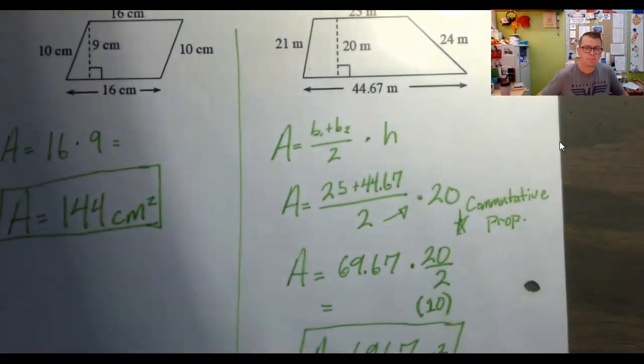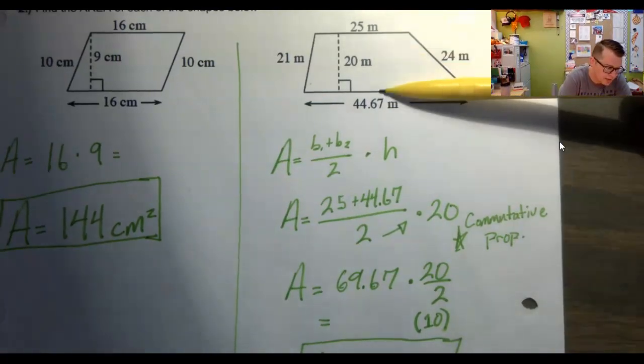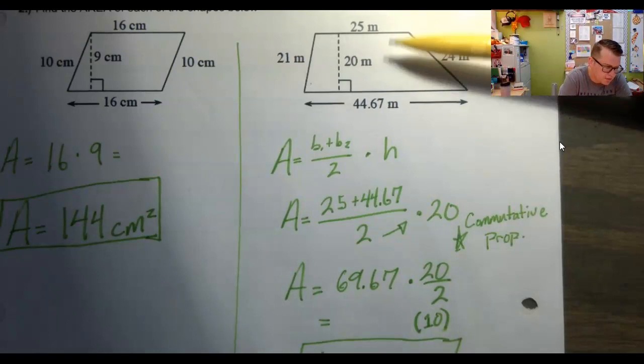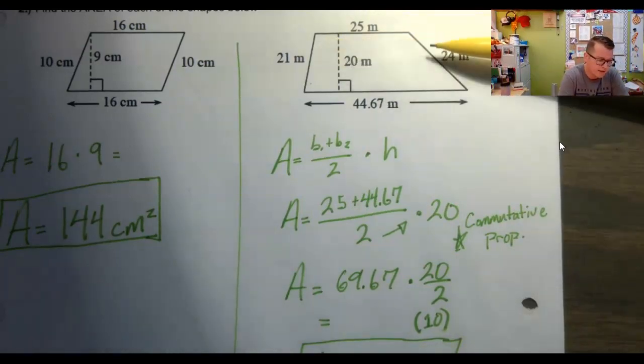Maybe. Yeah, probably. So, the tricky part here is we first have to add the 2 bases together. The 2 bases on Khan Academy were indicated by the little parallel arrows, but here we just have to recognize that these are parallel to each other, because obviously these other sides are not parallel to each other.